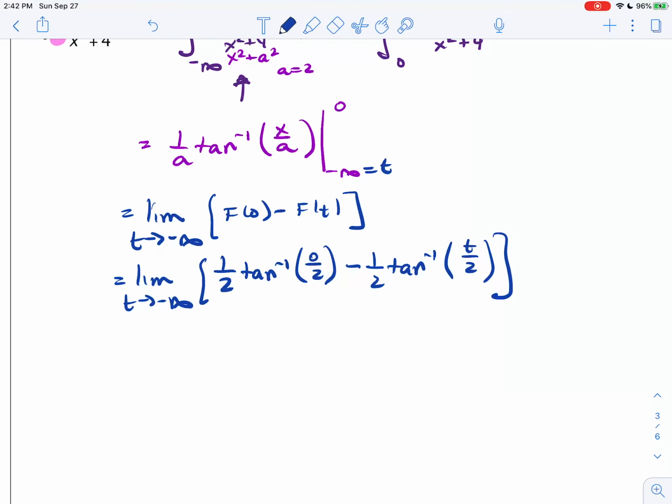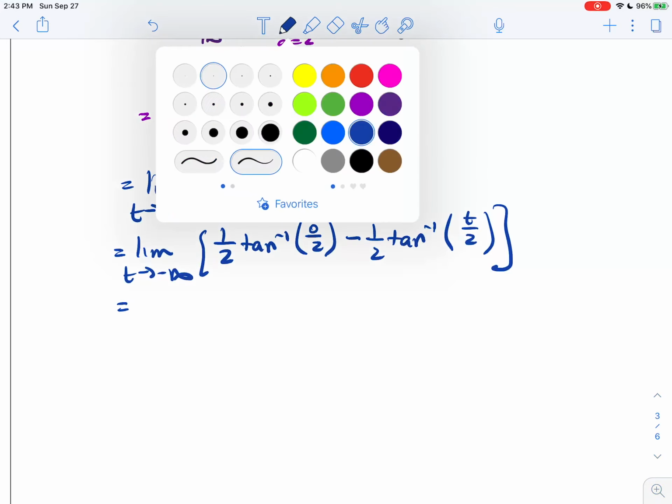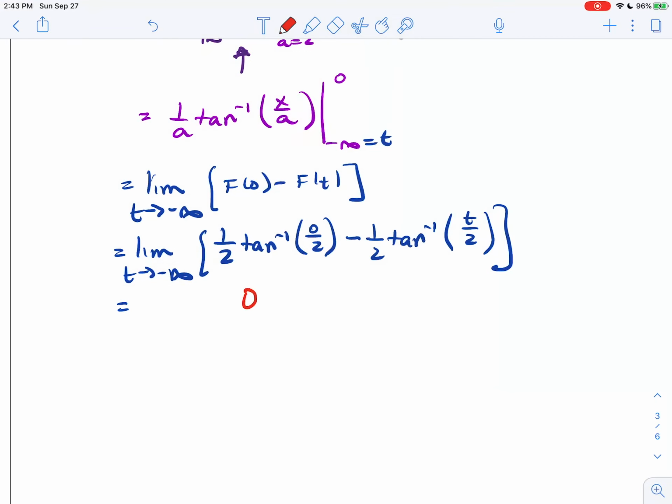Okay, so if we recall, tangent is going to send an angle to a trig ratio, and inverse tangent is going to send that trig ratio back to an angle where that angle is between minus pi over 2 and positive pi over 2. And what angle has tangent equal to 0 over 2? So tangent of what value equals 0? And that's going to give us 0. So this one is 0.